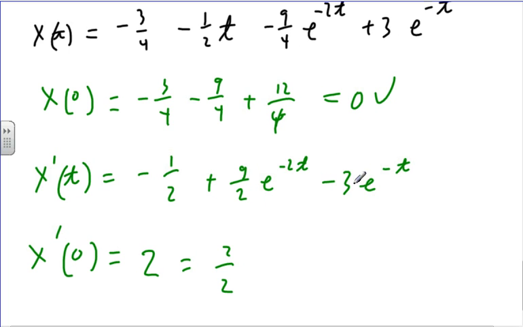I put it out as far as minus 3. X prime at 0 is 2. Minus a half minus 6 halves is minus 7 halves. That's still a 1 when it's supposed to be a 2.